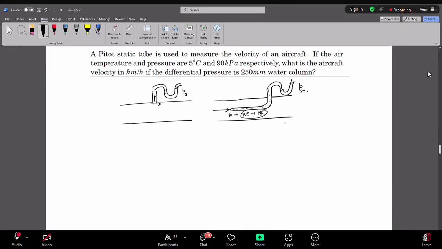Now, what is a pitot static tube? This is called a pitot tube.